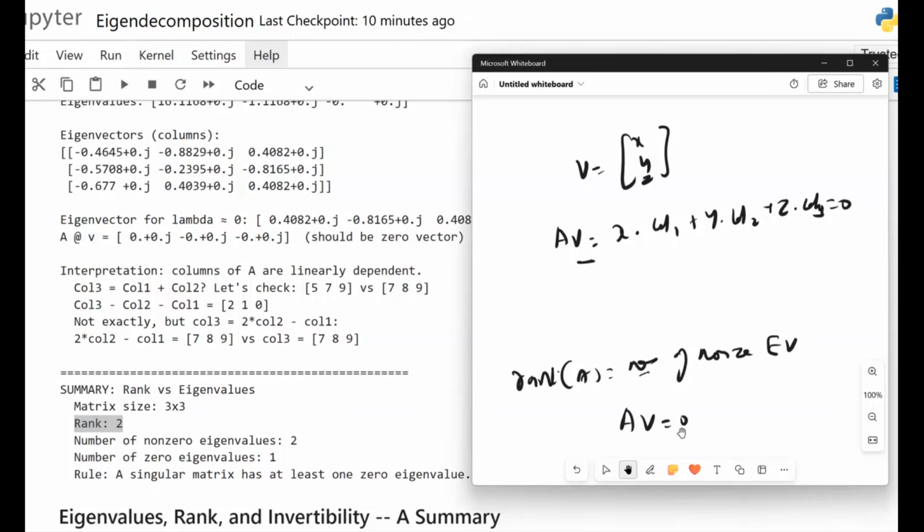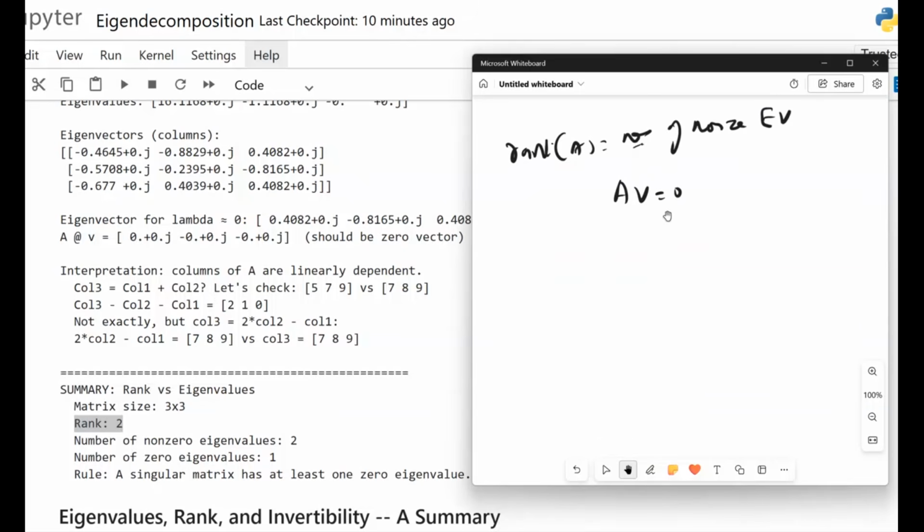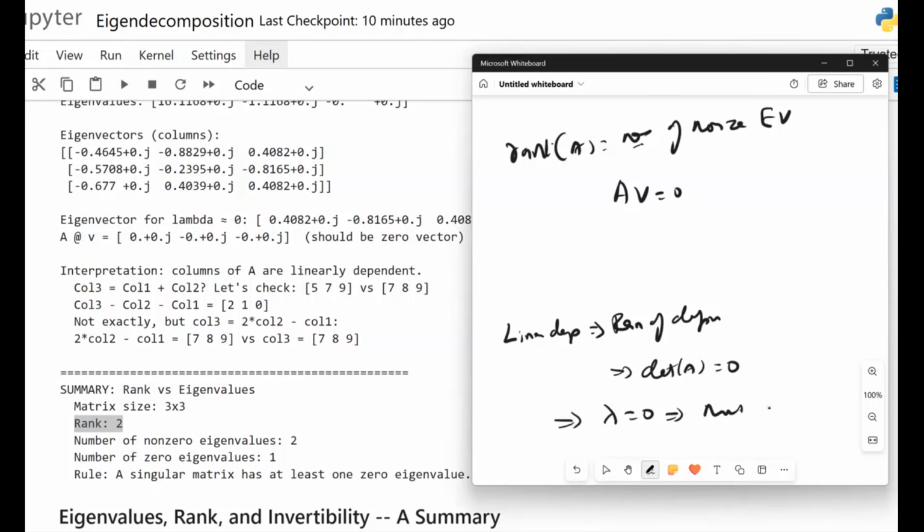And dear friends, kindly observe one important point. If we establish the chain, linear dependency implies rank deficiency, which implies determinant of A is 0, which implies lambda equals 0, so a non-trivial null space occurs.